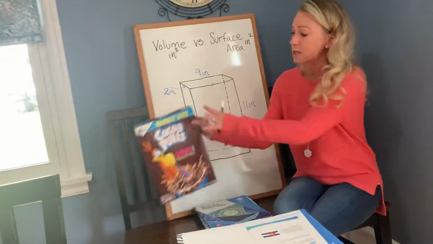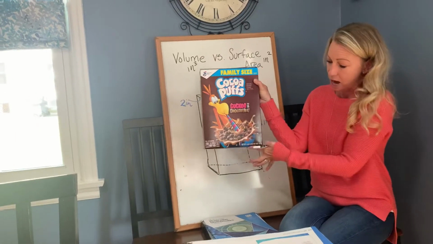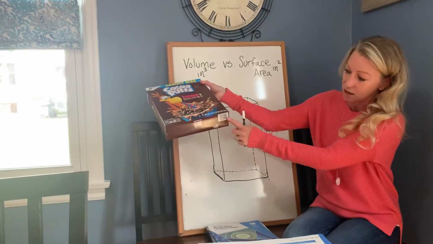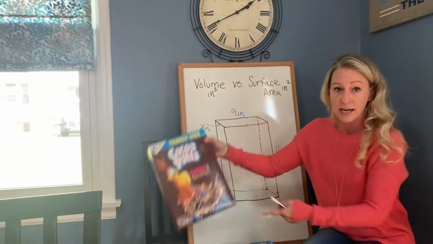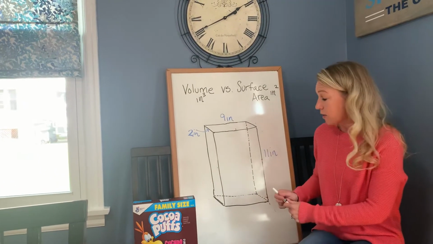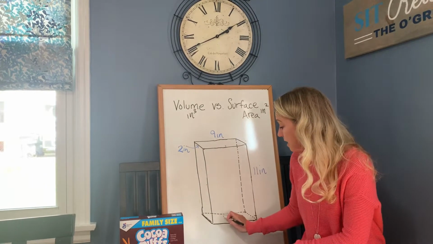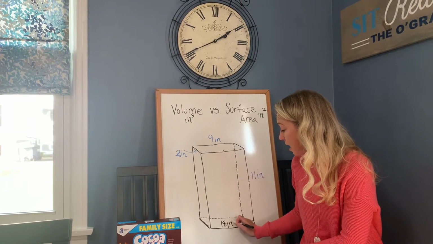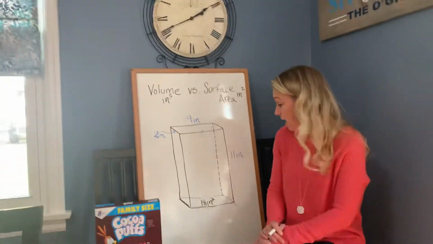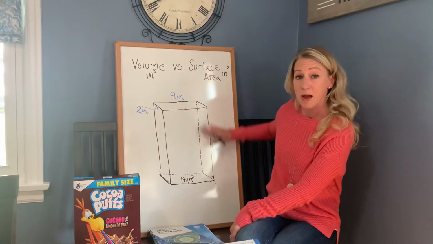And we know that the measurements at the top are the same at the bottom. So this base here is 2 by 9. Length times width, 9 times 2. So this base is 18 inches squared. Now we're going to multiply it by the height.